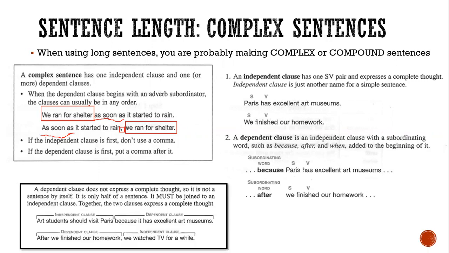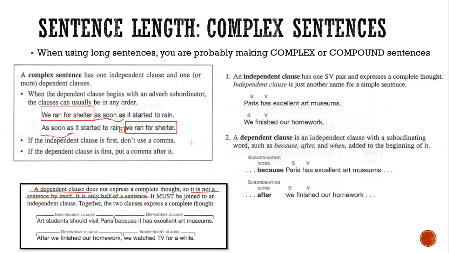One thing to note: a dependent clause does not express a complete thought, so it is not a sentence by itself. This is important for you to know. A dependent clause is only half of a sentence.